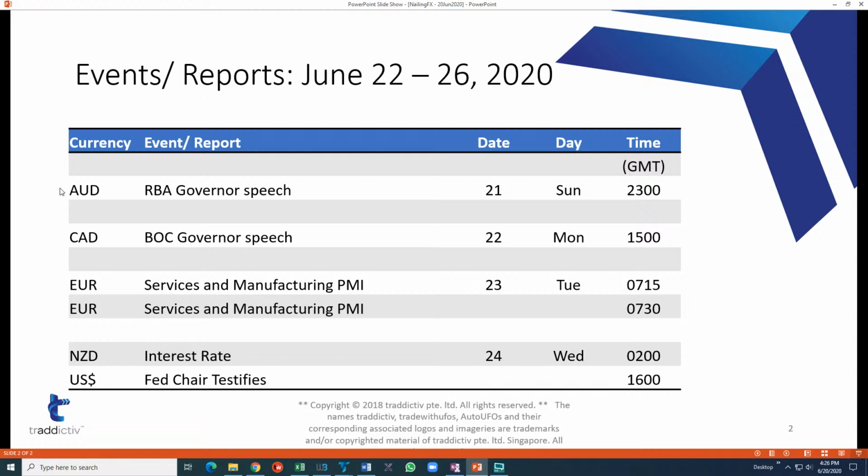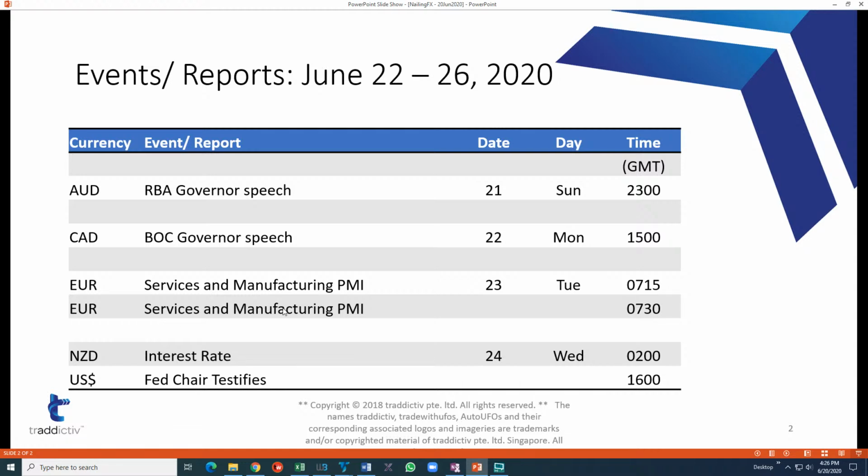Sometimes it makes sense just to stay out of the market a little bit. For example, on Monday, maybe around this time, be cautious on your trades on Canadian dollar, take off your orders just before the speech begins. Wait for a little bit of volatility to come in as a result of the speech, and then wait about 15 to 30 minutes and you can put your orders back in.